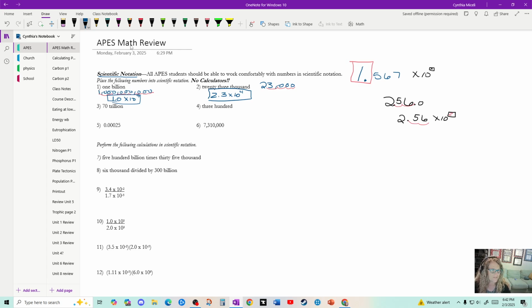Okay, number 3, 70 trillion. A billion is 9 zeros, a trillion is 12 zeros. So 7.0 times 10 to the 12 zeros, but then there's this 13th zero right there. So we're going to go 10 to the 13.